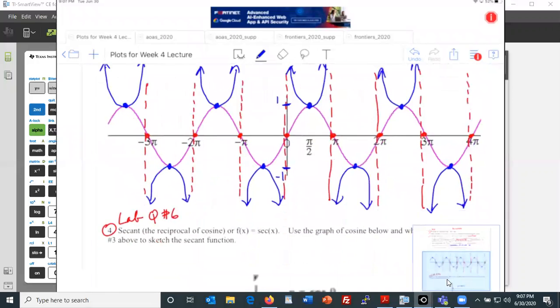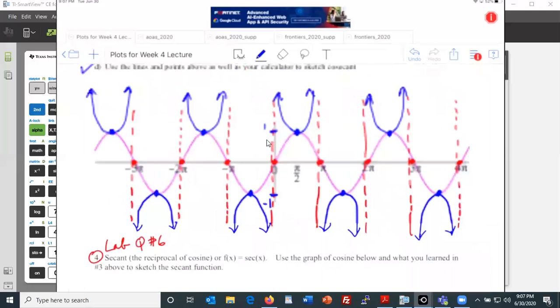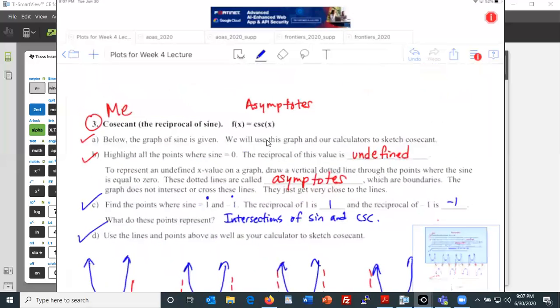So now in number 4, for lab question number 6, please use the full graph. Please use the values that are there, and then just do the same steps above. You don't have to write out these sentences, but use those sentences as a guide to find the asymptotes and then those intersection points.